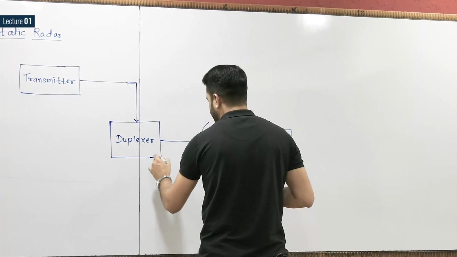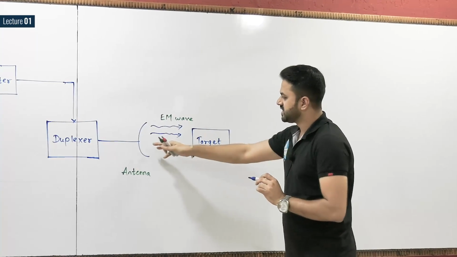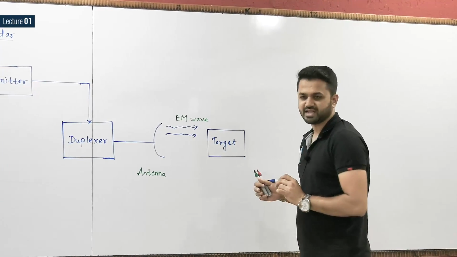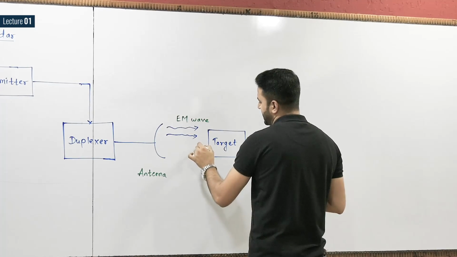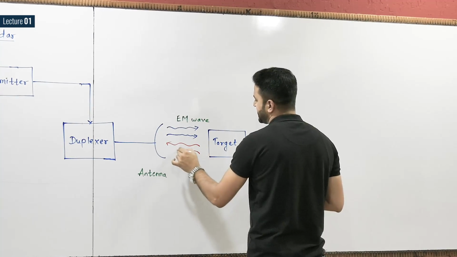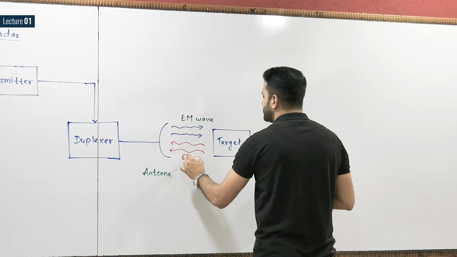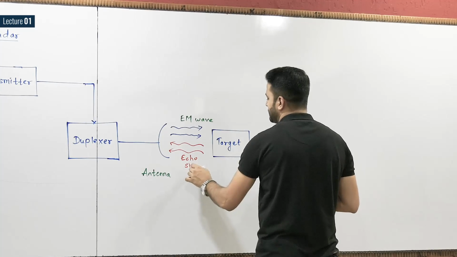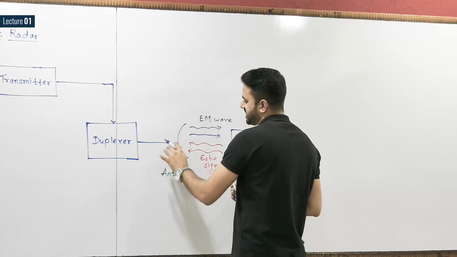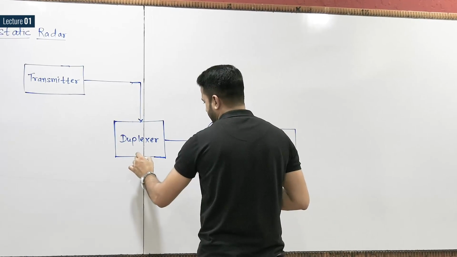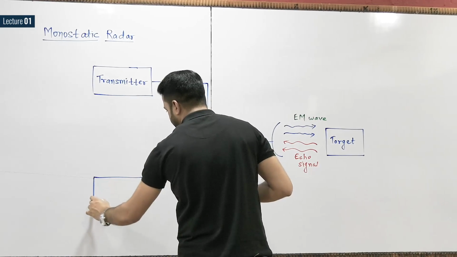Now this electromagnetic wave travels through free space and reaches the target, and in the target some part of it is absorbed and some part of it is re-radiated, and this re-radiated signal, which is known as the echo signal, is again received by the antenna. After receiving, we pass it through the duplexer and then it goes into the receiver.